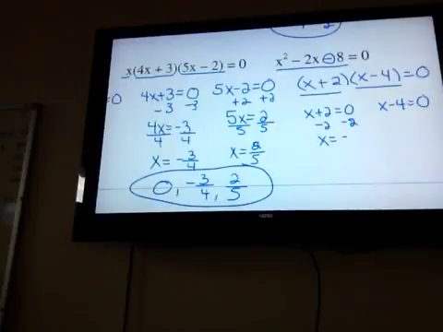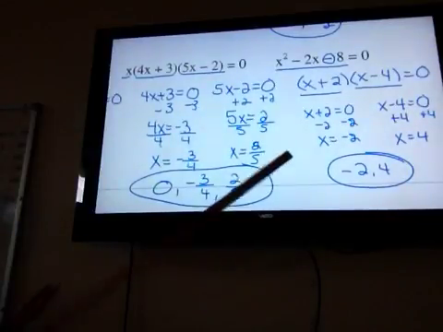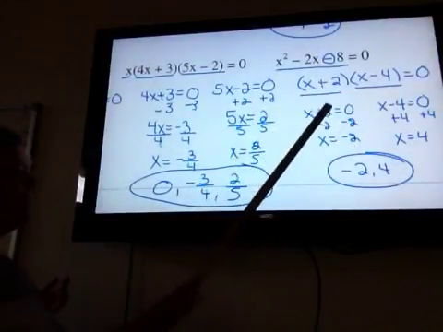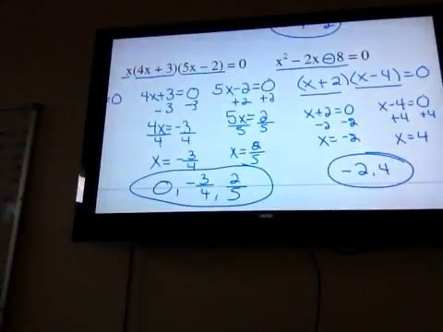So I have negative 2, 0 minus 2. And on the other one, to get x alone, I'm going to add 4. So I have x is 4. So negative 2 and 4. And again, if you know the shortcut, you can do that from the start. I would not see any of this stuff on your paper, which is absolutely fine.